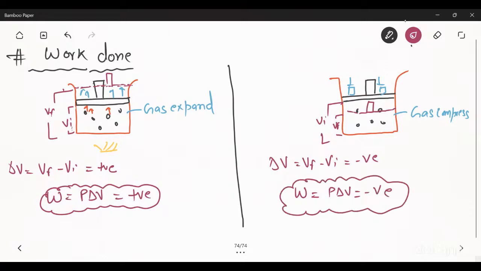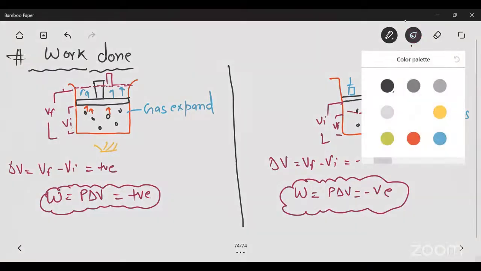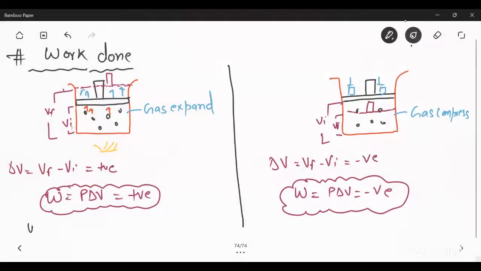When you compress the gas, work done is always negative. So work done on a gas is always negative and work done by a gas is always positive.